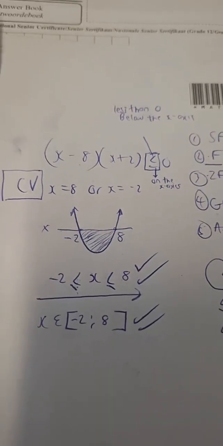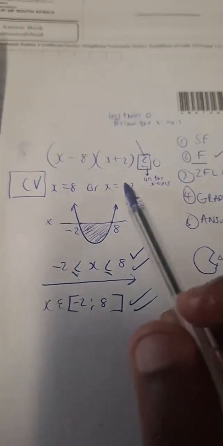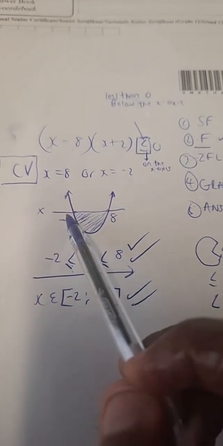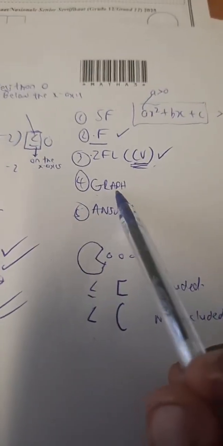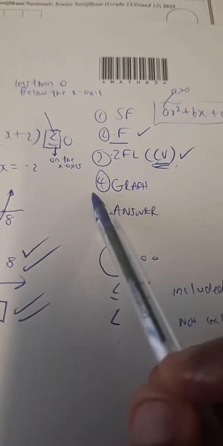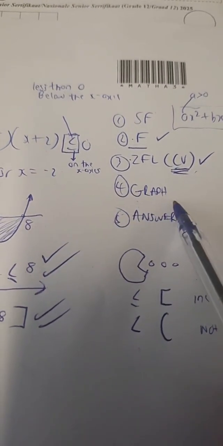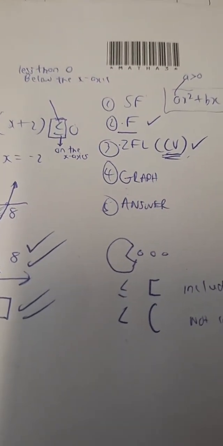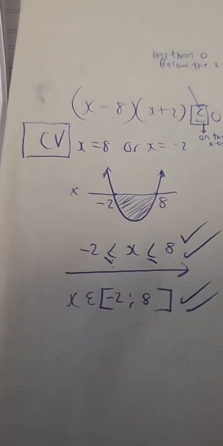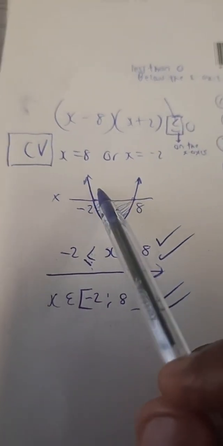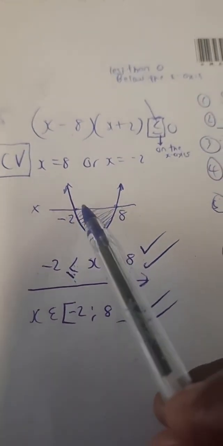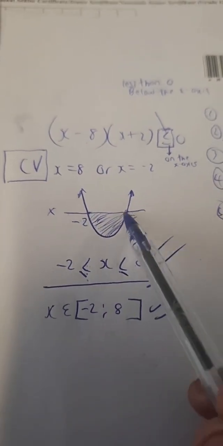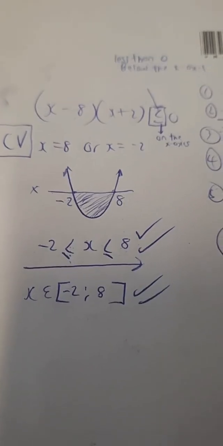They are not the same. This is your smallest critical value. So on your number line, because step number 4, you must draw on a graph that particular critical value. So then, this is the critical value negative 2. That's the critical value positive 8.